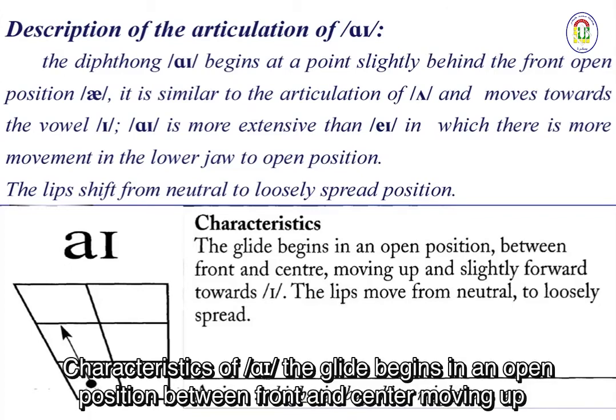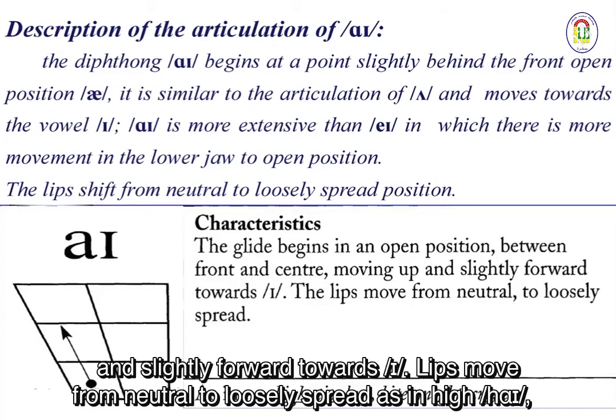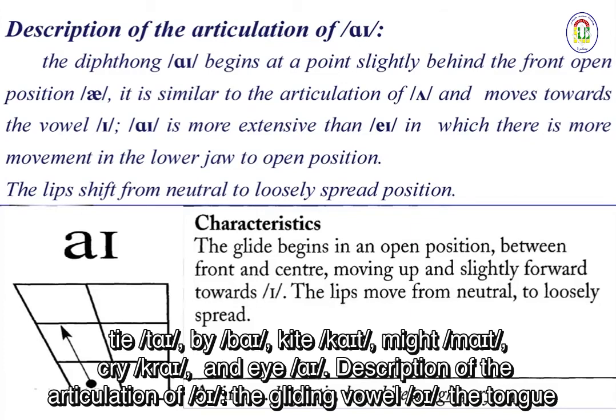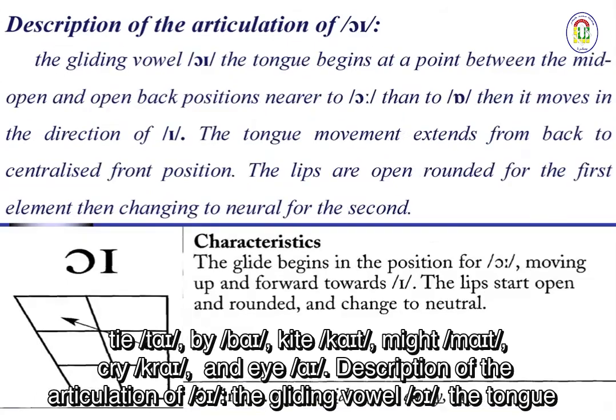Characteristics of I. The glide begins in an open position between front and center, moving up and slightly forward towards A. Lips move from neutral to loosely spread, as in high, tie, buy, kite, might, cry, and I.